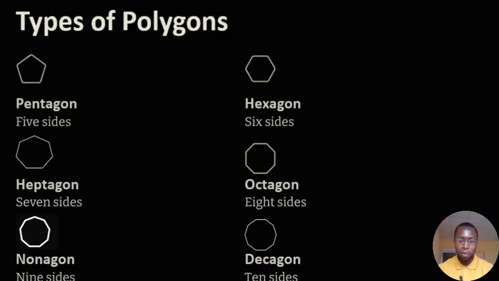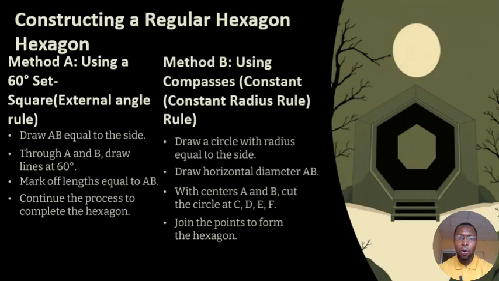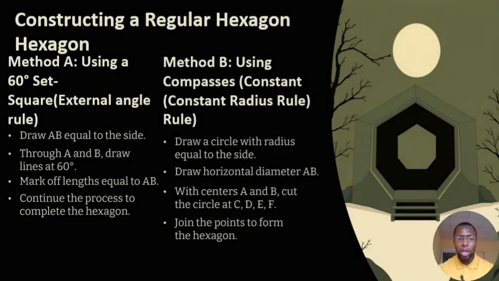So, having learned types of polygon, there is need for us to now know how to construct these polygons. Now, these polygons have general rules of construction. Either we use the rule called the external angle rule, or we use the second method that is called the two triangle rule.